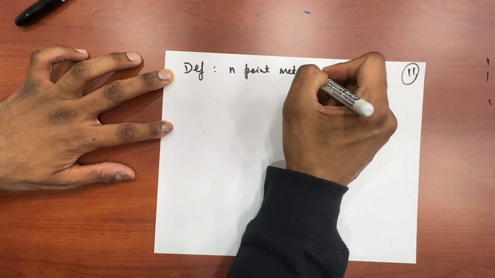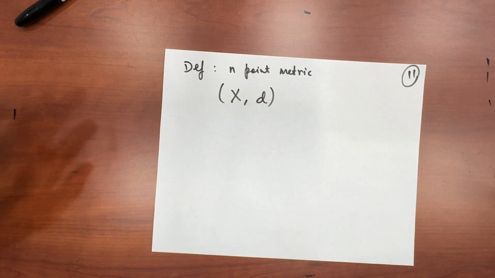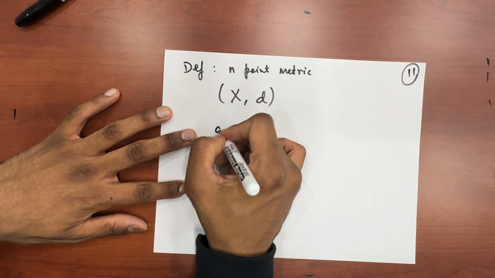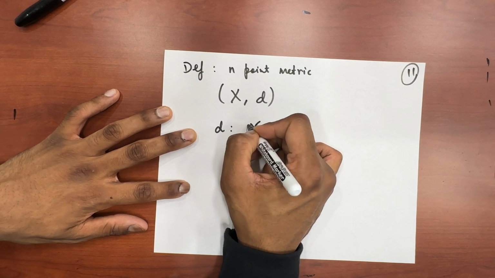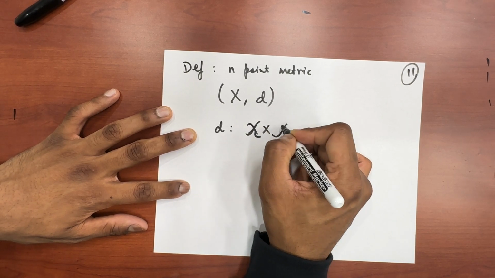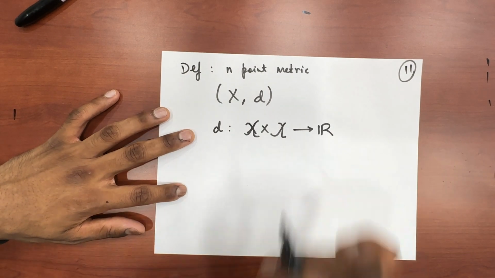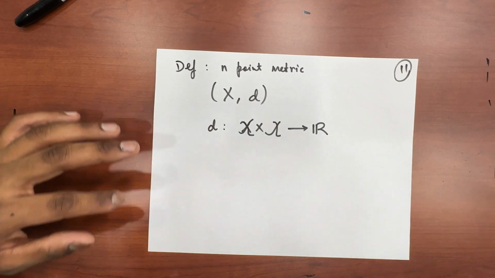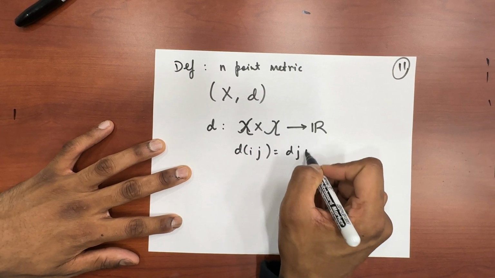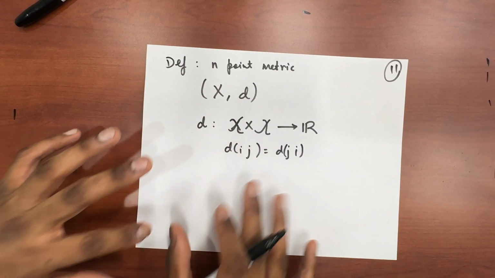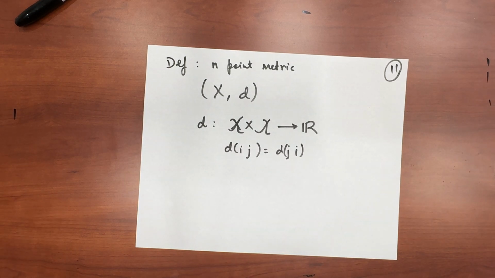An endpoint metric is just a set X of cardinality n, and a function D which takes an element from set X and another element from set X and maps it to a real value, right? And it's a symmetric function, that is, Dij is equal to Dji. I'm just defining the metric in terms of mathematical formality. Dij is equal to Dji. Dii is 0.